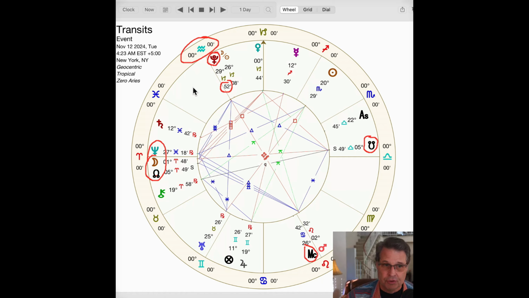Old structures falling apart and clearing the space so that we can build new structures. That's the theme of Pluto moving into Aquarius, and that's going to be with us for the next 20 years. So when it moves in, I believe it's on the 17th, it will be until 2043 that it's in there. It's a long run. And we are going to be dealing with that energy all the way through.